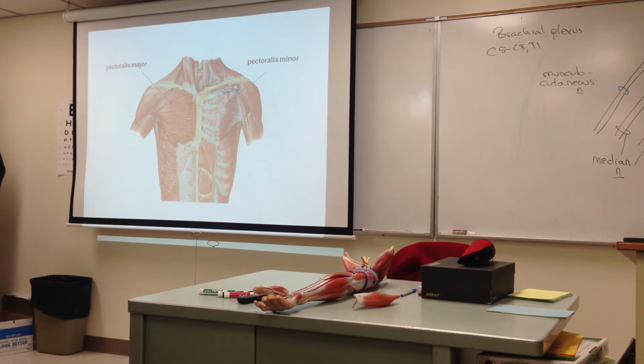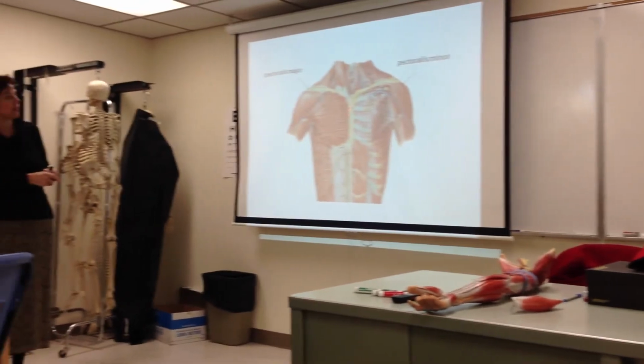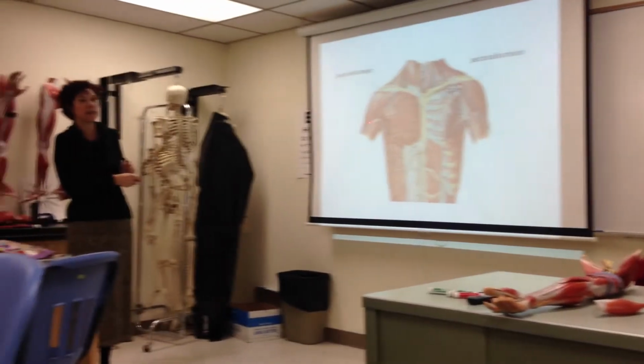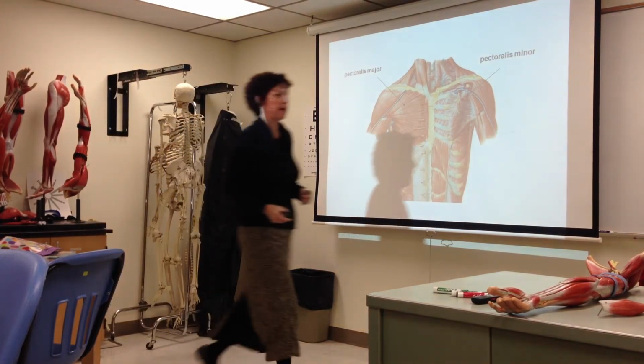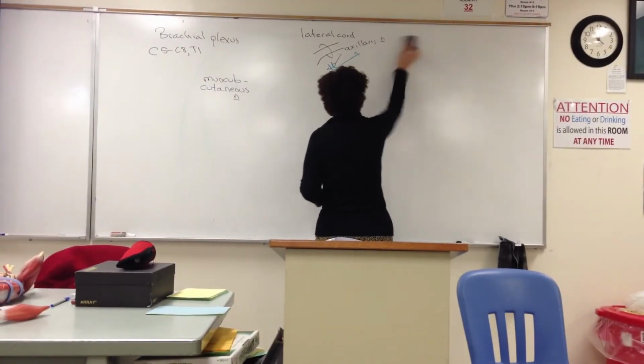Pectoralis minor, if you recall, had its origin off of the ribs and inserted onto the coracoid process and moved or stabilized the scapula. Pectoralis major has its origin off of the sternum and the clavicle and inserts and moves the humerus. So completely different muscles. So let me take a moment just to draw those attachment sites.